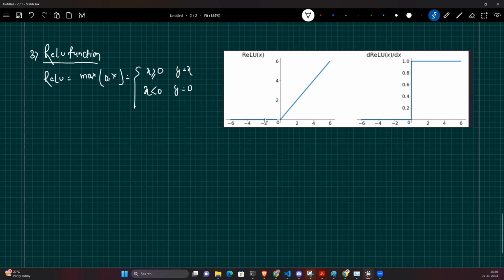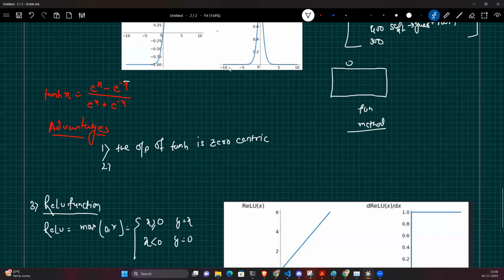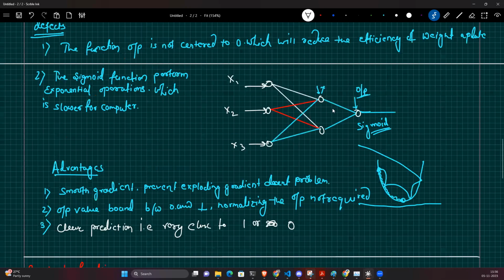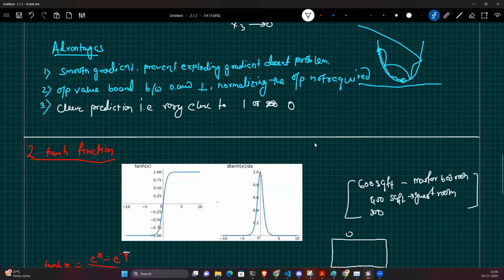Can you see this? 0. Yeah. So with this diagram, we can understand. The ReLU function is a very popular activation function, which is generally used where? Used in the hidden layer. Always. So it is always applied on the hidden layer side.